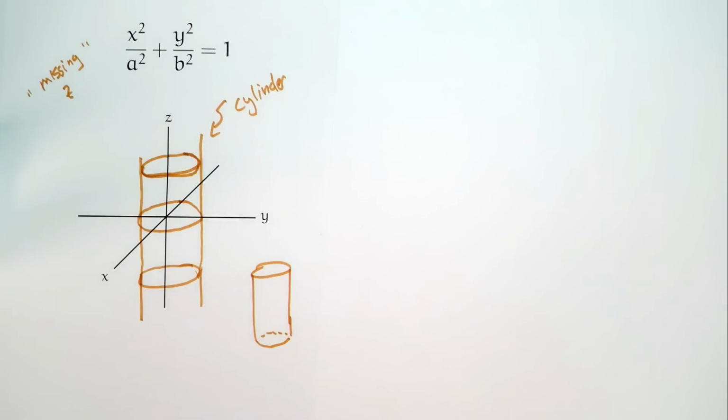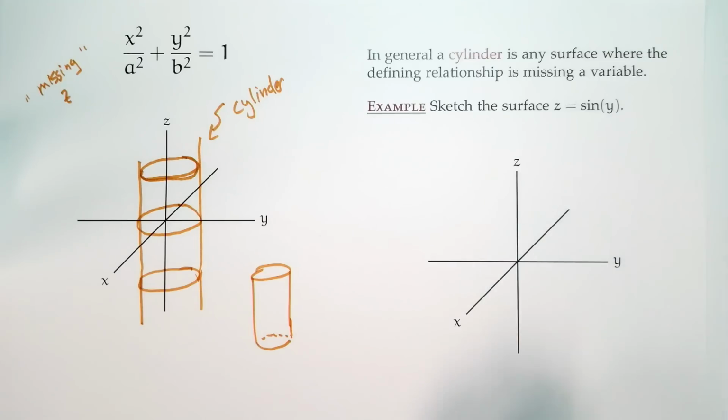Now, I will say that the term cylinder sometimes in various books, and I think it might be true in our book, means something where we're missing a variable. And what that means is, if you're missing a variable, just plot it in the plane with the variables that you have, and then copy it.